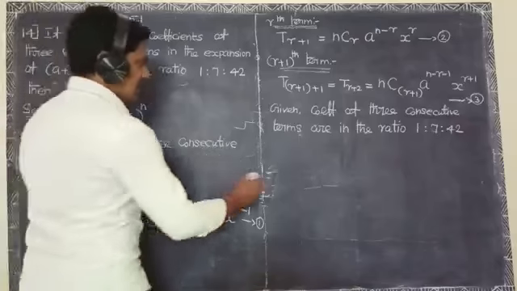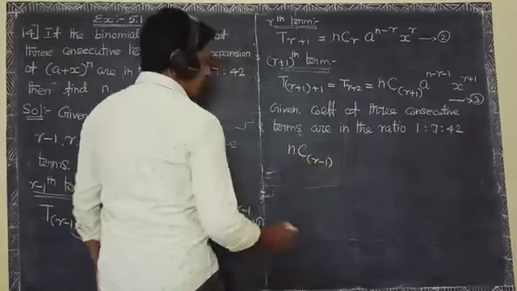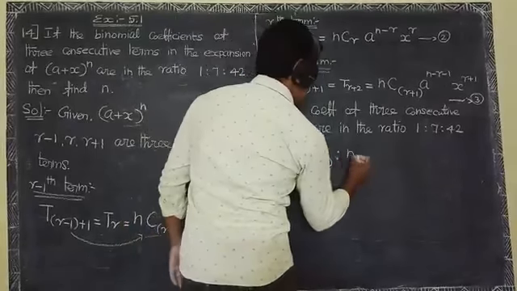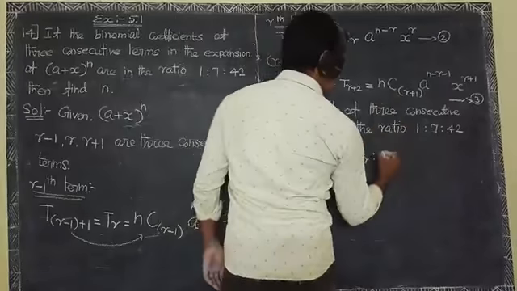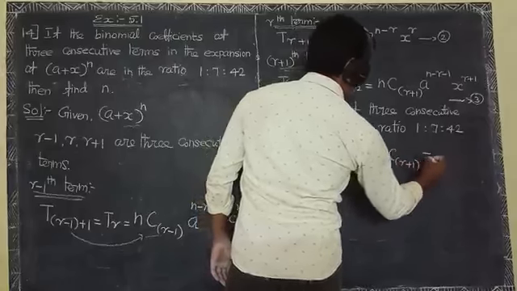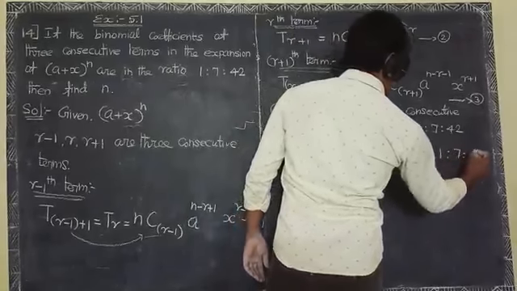The first one is nC(r minus 1), the second one is nCr, and the third is nC(r plus 1), which is equal to 1:7:42.